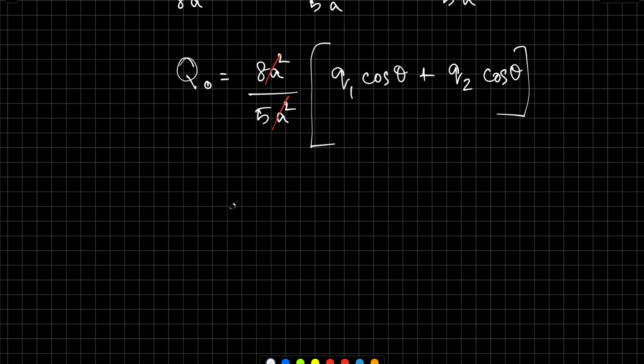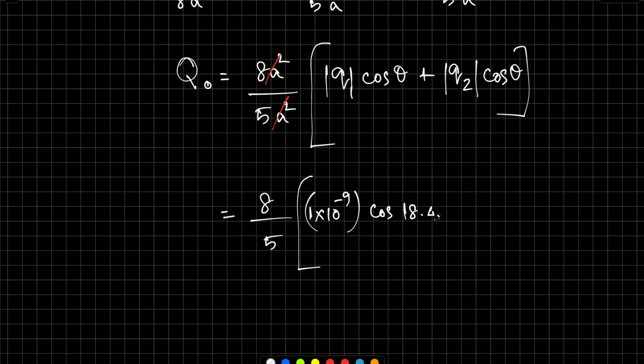Yeah, now let's substitute the values. 8 by 5 times Q1 is minus 1 nanocoulomb, again absolute values. So 1 times 10 to the power minus 9 times cosine 18.44, plus Q2 is the same, 1 times 10 to the power minus 9 times cos 18.44.